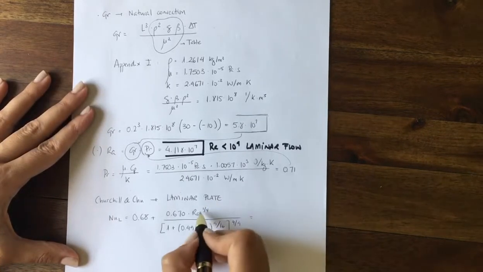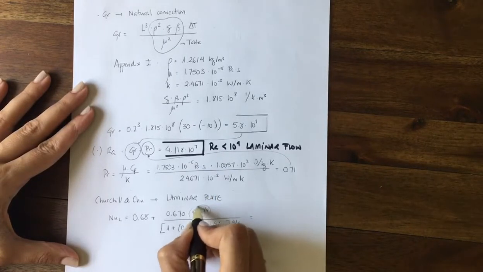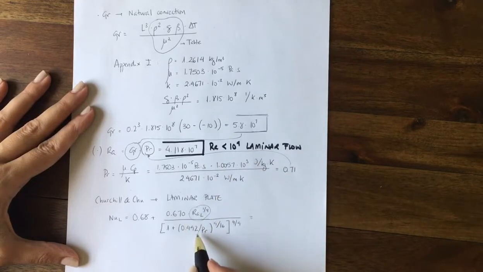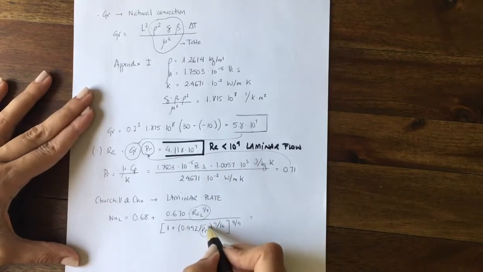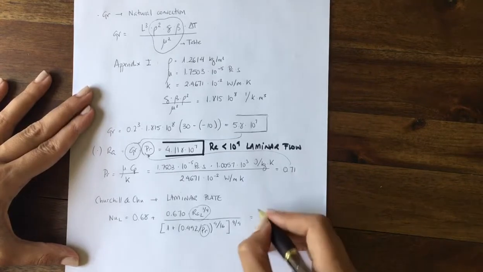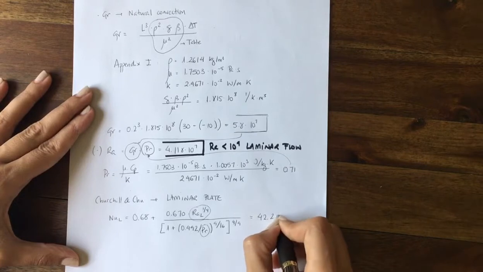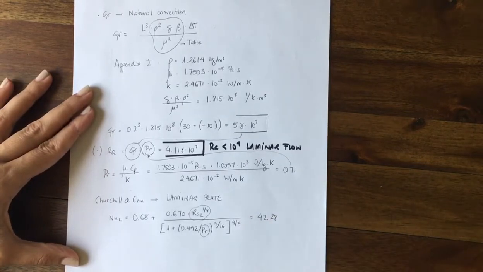So we have here everything we need. There is the Rayleigh number that we already calculated and the Prandtl number as well. Doing the calculations, the Nusselt number is equal to 42.28.